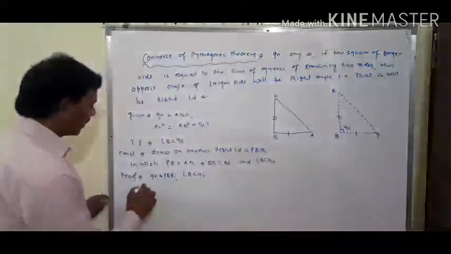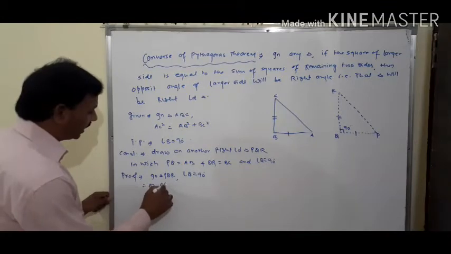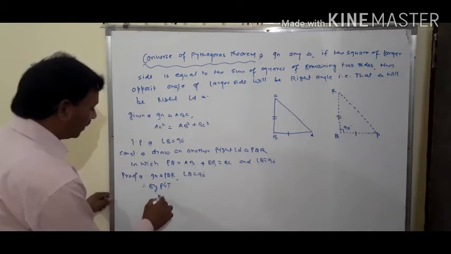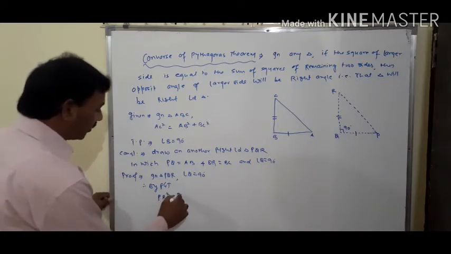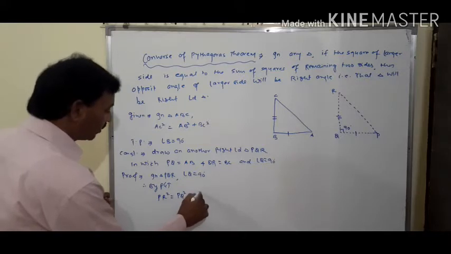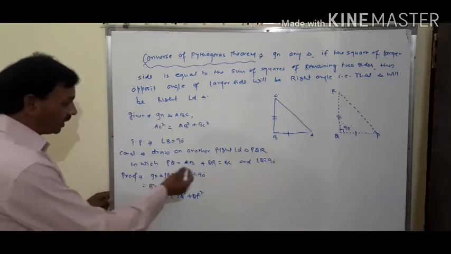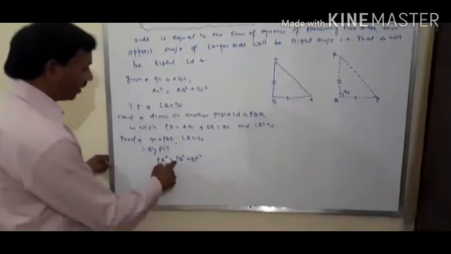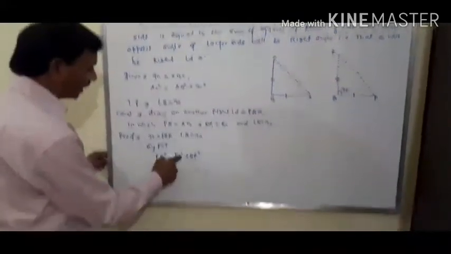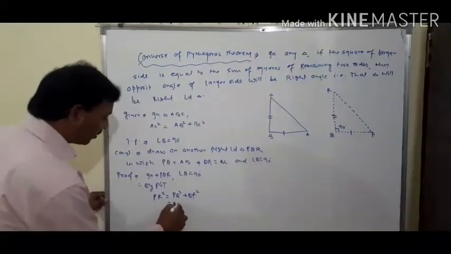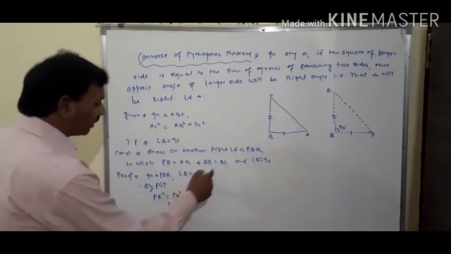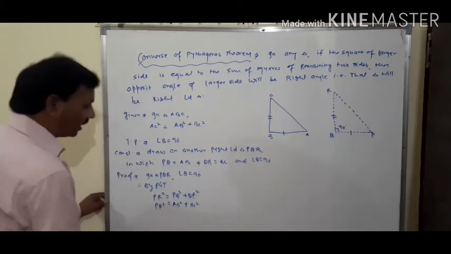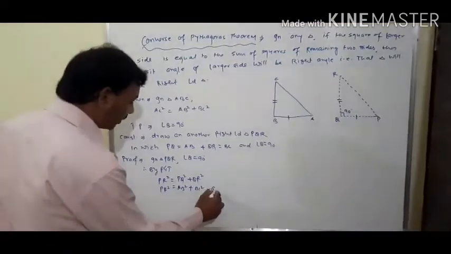By PGT, that means Pythagoras theorem, we can write PR square equal to PQ square plus QR square. Now we can see PQ equal to AB and QR equal to BC, so PQ is replaced by AB and QR replaced by BC. So PR square equal to AB square plus BC square, by construction. This is equation 1.